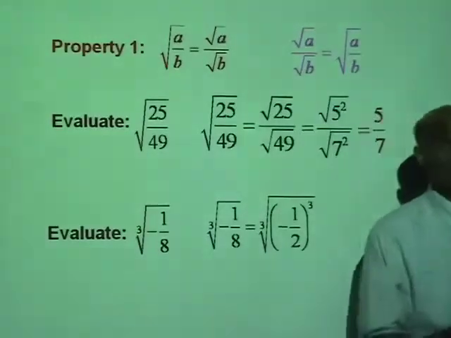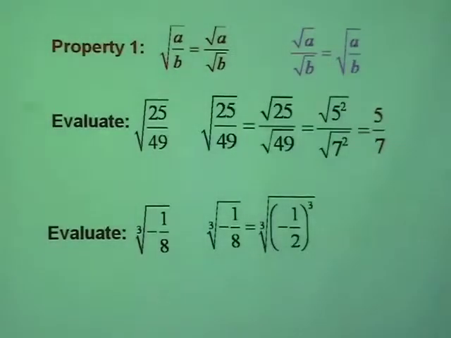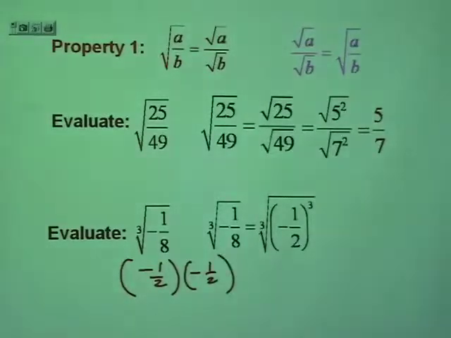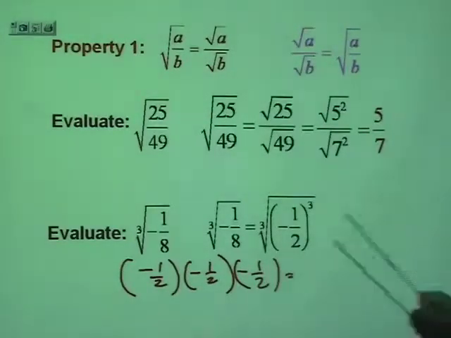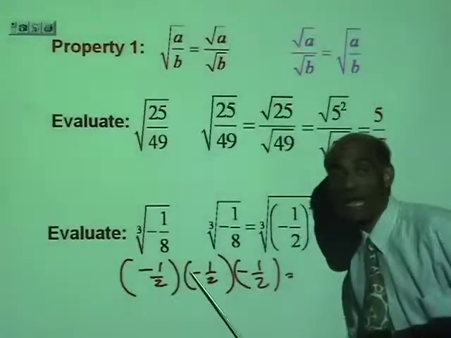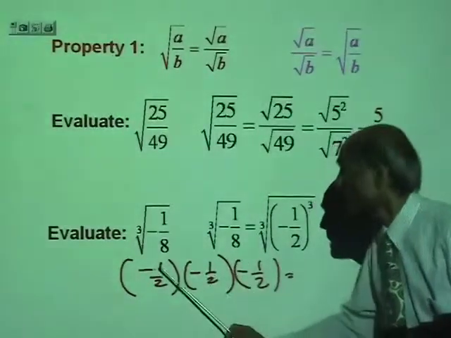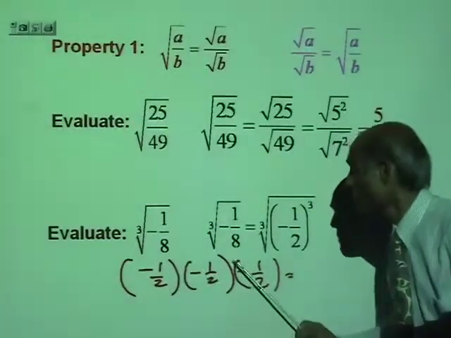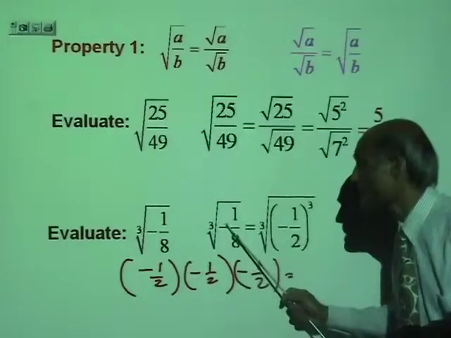Am I right? Yes, because negative 1 over 2 to the power of 3 will be negative 1 over 2 times negative 1 over 2 times negative 1 over 2. Right? We are multiplying negative 1/2 3 times, and the negative multiplying 3 times will be negative.